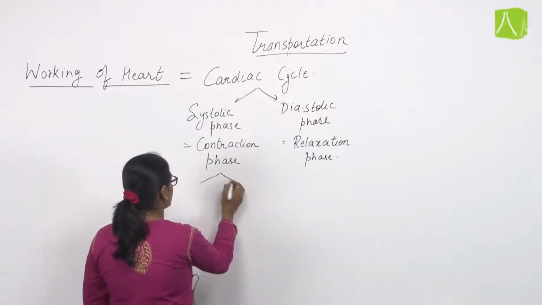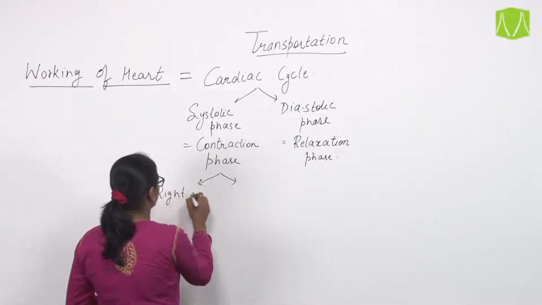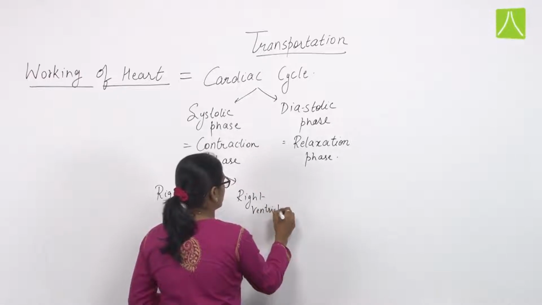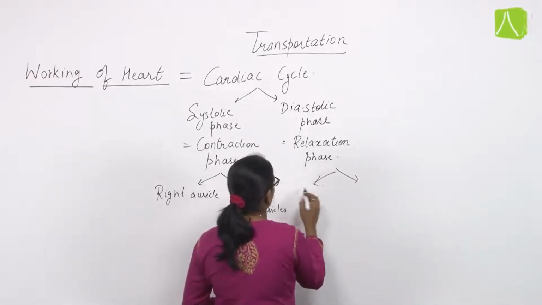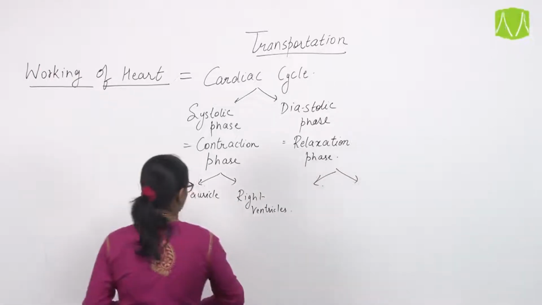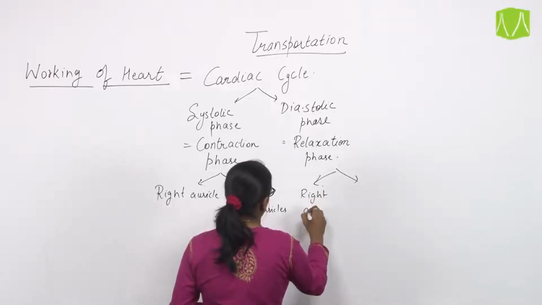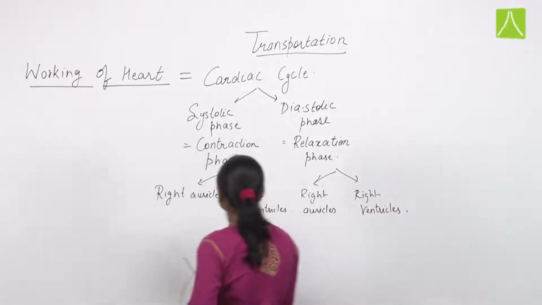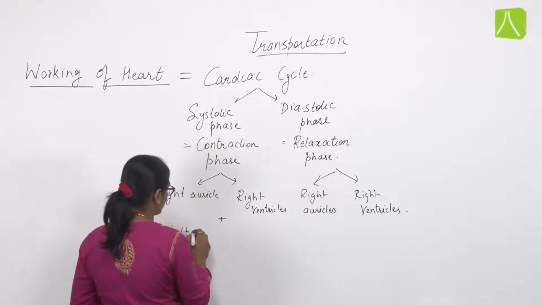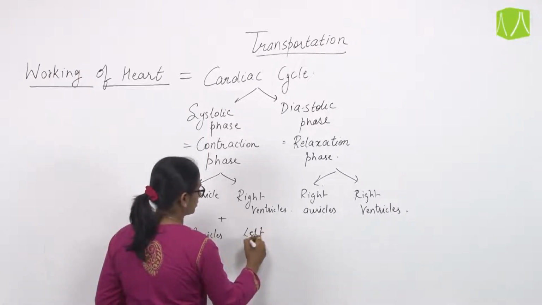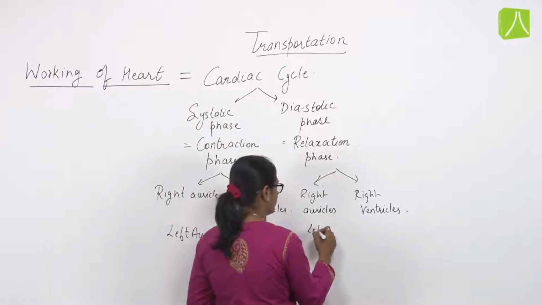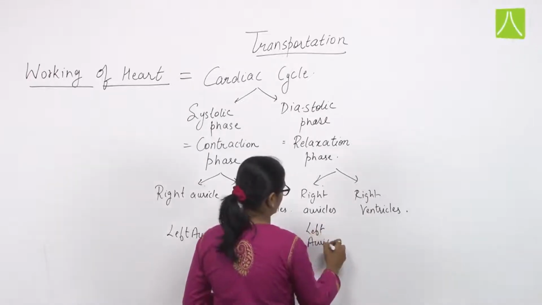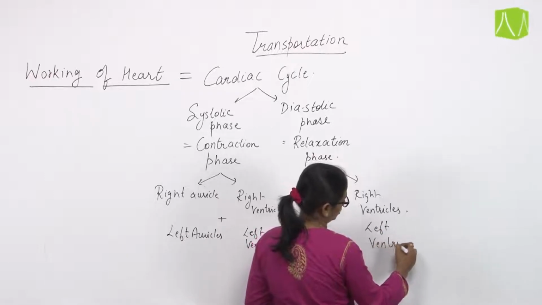That means the systolic phase takes place in the right auricle and also in the right ventricle. Similarly, the diastolic phase is also found in the right auricle and right ventricle, as well as the left auricle and left ventricle. The systolic phase also takes place in the left auricle and left ventricle.